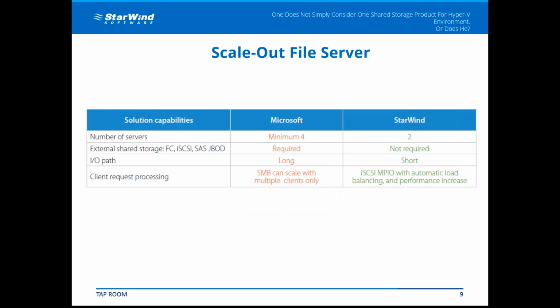And StarWind allows true scale out of the system, while scale out file server by Microsoft is scaling out to 4, and then you still stick with the scale up strategy. External shared storage is required from Microsoft, and StarWind, guess what? Not. IOPS is long for Microsoft. StarWind runs everything as DAS. And client processing requests.